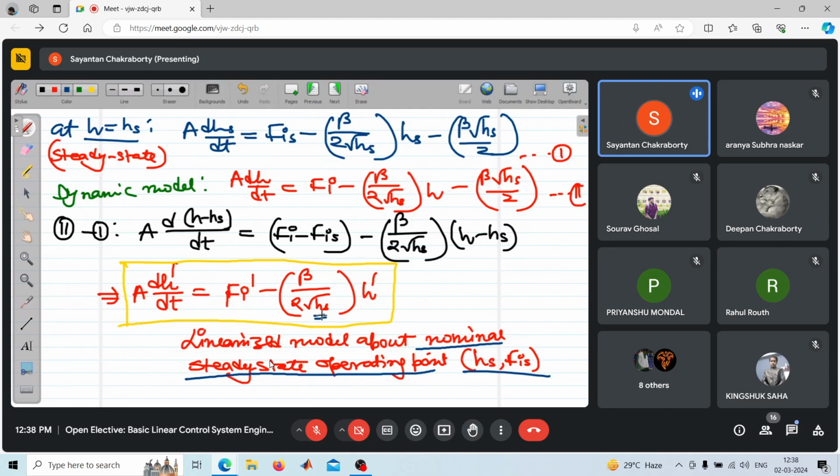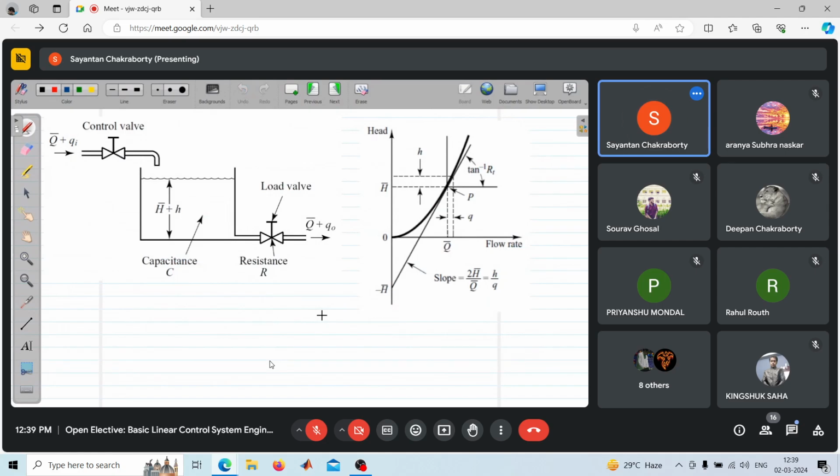Now with this in the back of our mind, this is a very representative diagram for this system. Here Q bar, H bar, and Q bar represent the nominal steady state values, and small qi, h, and q0 represent the deviations.